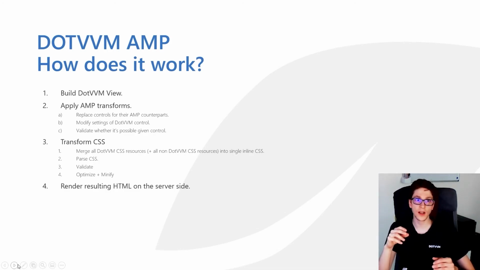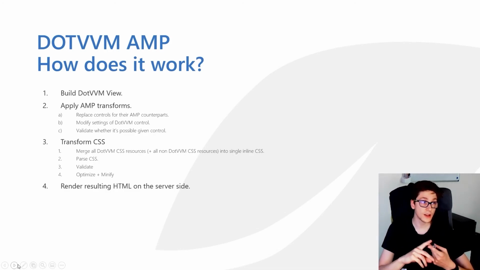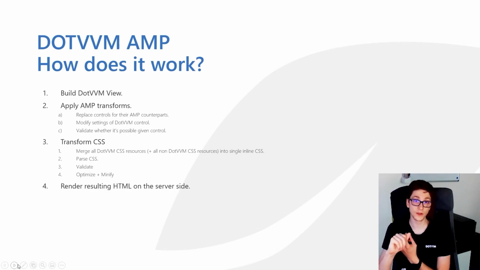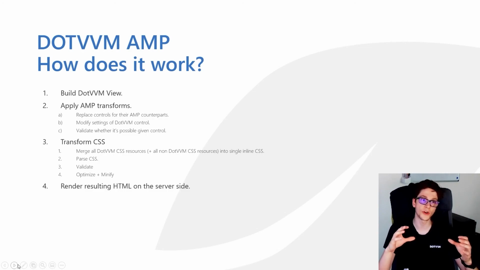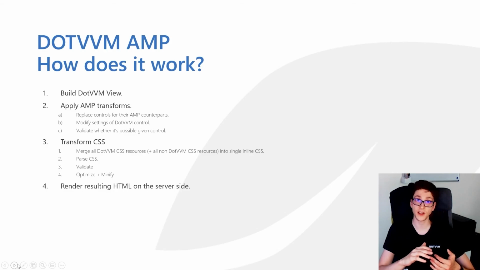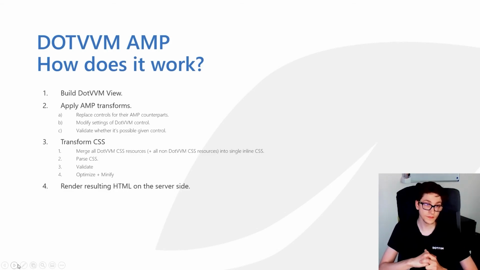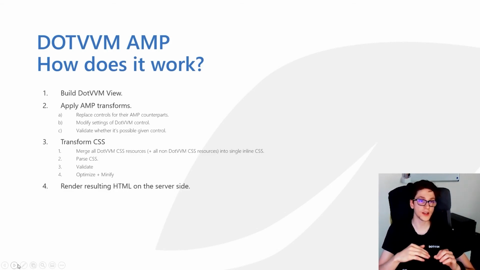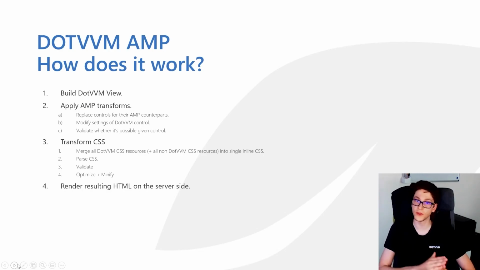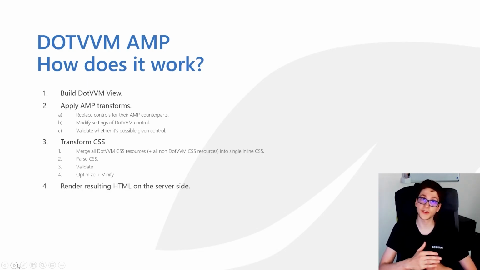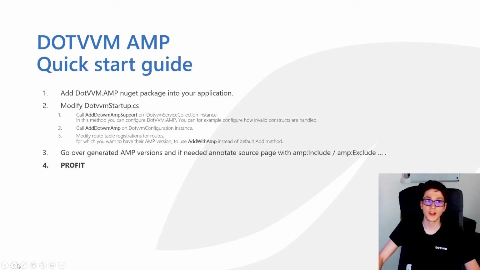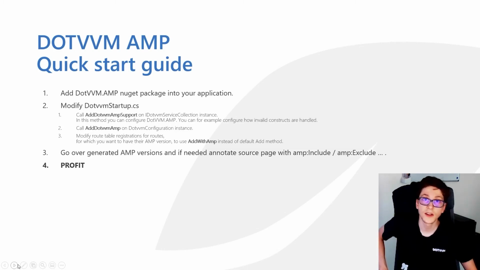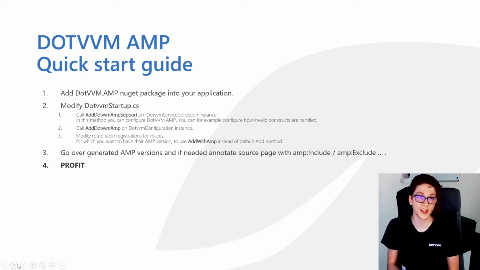So in the end you are left with two inline elements. One is for your classical CSS, which has that 75 kilobyte limit, and the other one is for all your animations, where the size limit is also present, but it's much higher. And from this point on, it's again a simple .vm page, so everything is rendered on the server and sent to the client. And that is everything there is to the .vm transformations.